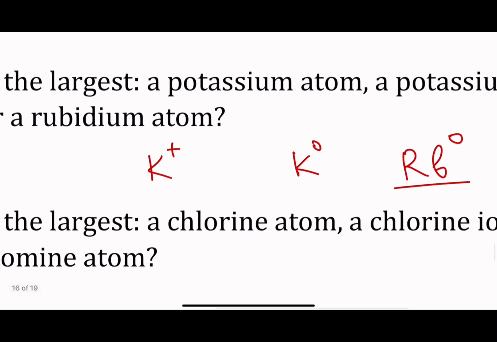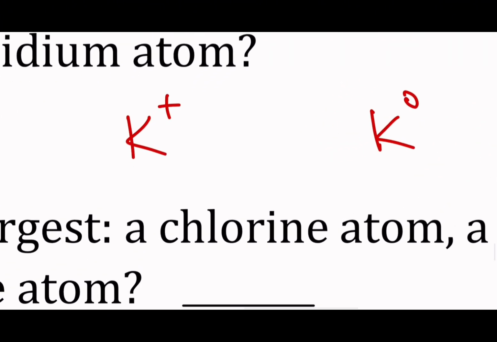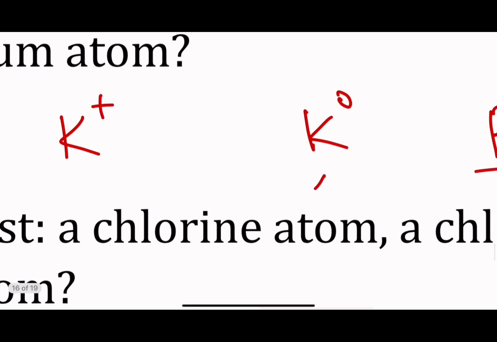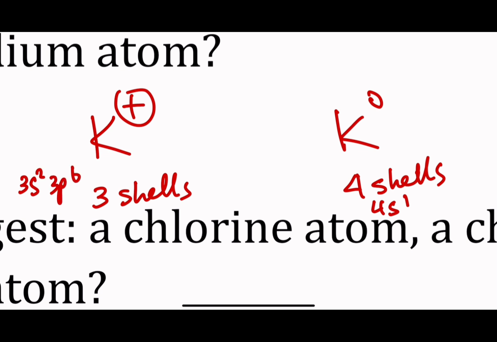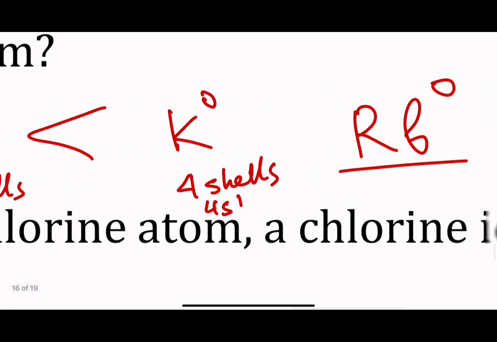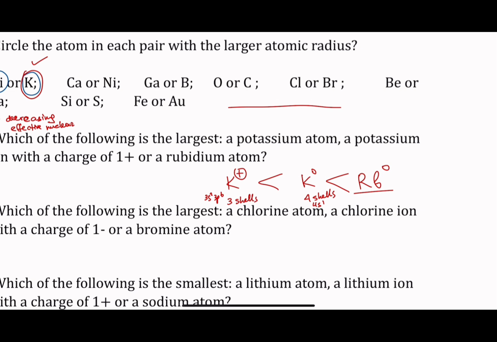But we also know that potassium for the 0 has 4 shells, because it ends with 4s1. And when it lost the electron, the number of shells fell to 3 shells. Now it ends with 3s2 and 3p6. So that's why it's going to have a smaller radius than this one, and the radii are increasing like that.